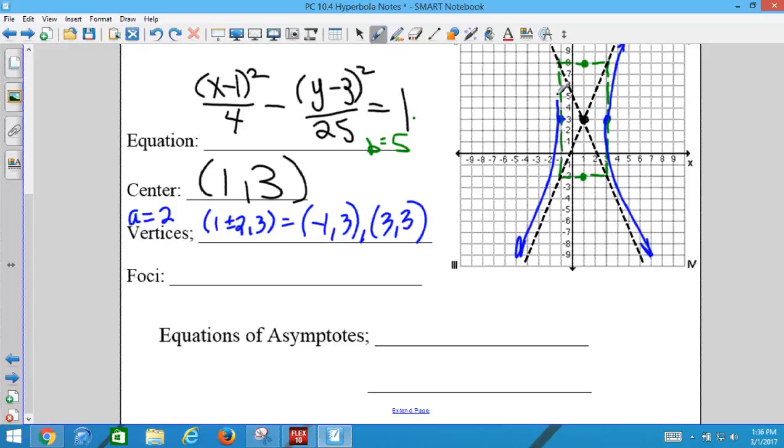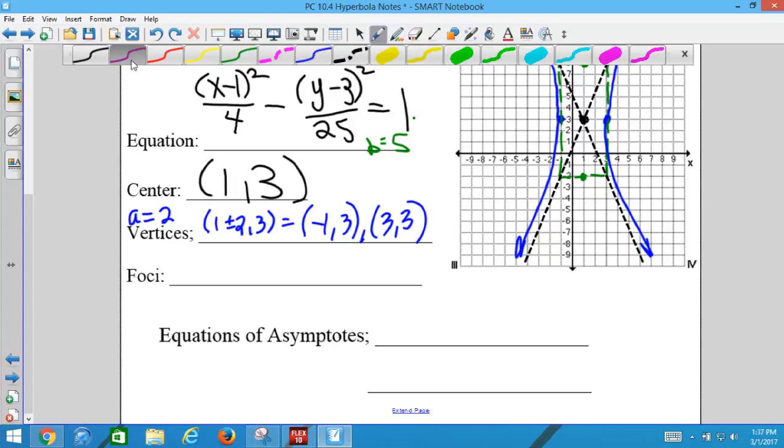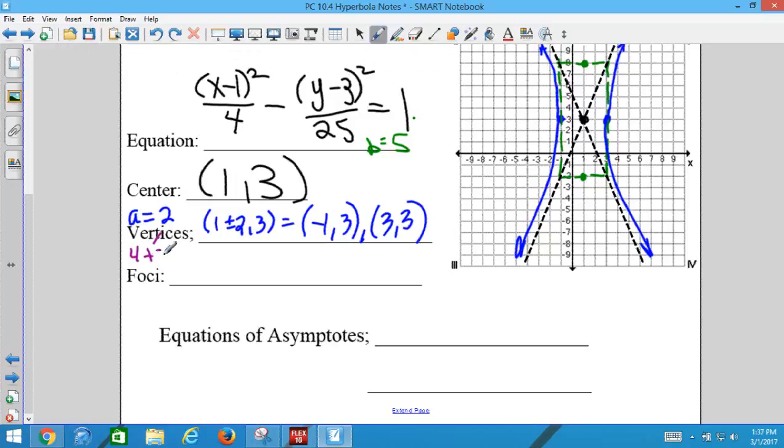A pretty wide one. We use a squared plus b squared to find our foci. So a squared, we're going to do 4 plus 25, then square root that, so c is square root of 29, which is approximately 5 point something.